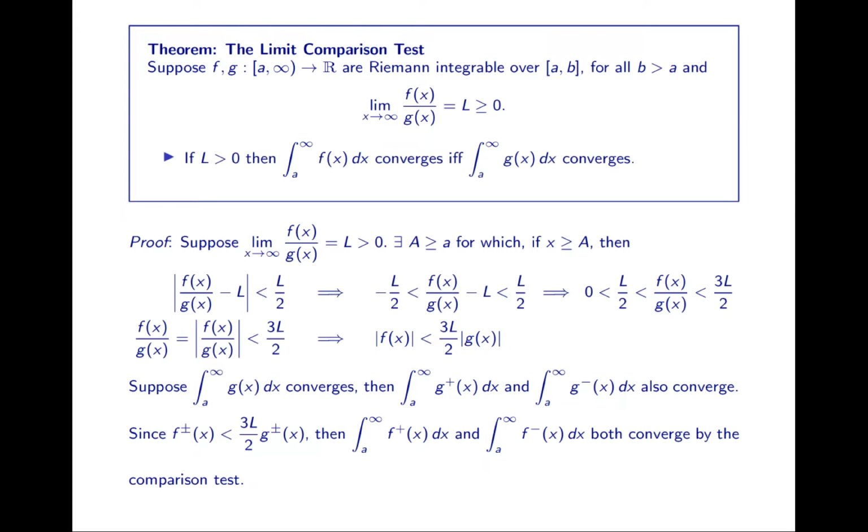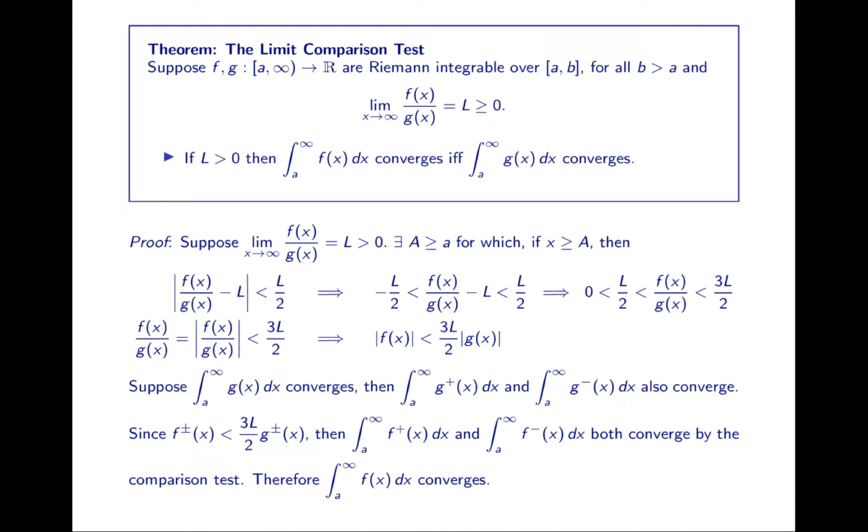So, by the comparison test, since g plus and g minus converge, f plus and f minus both converge in the integral from a to infinity. So here we've used the comparison test. And since f plus and f minus both converge in the integral from a to infinity, then so does f. So we've proved the reverse direction.